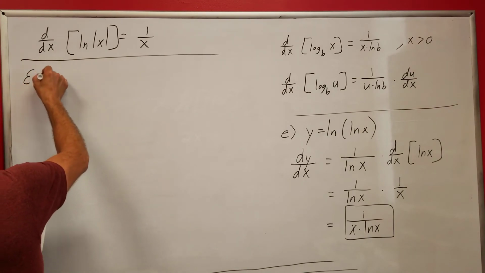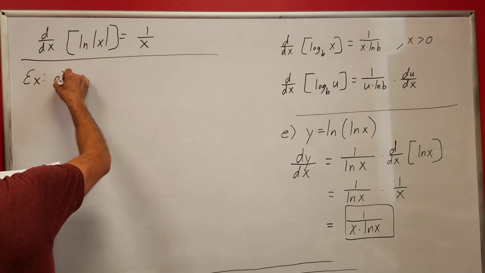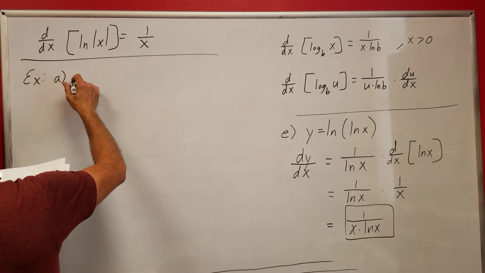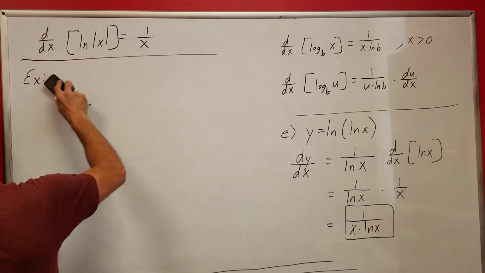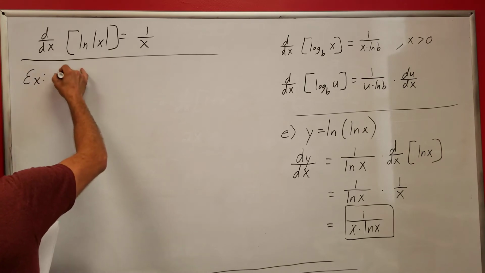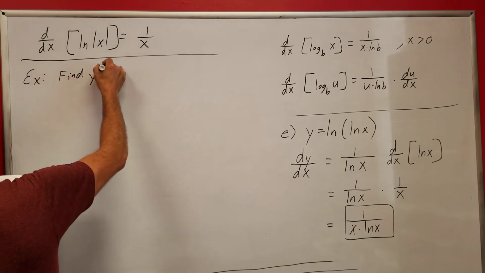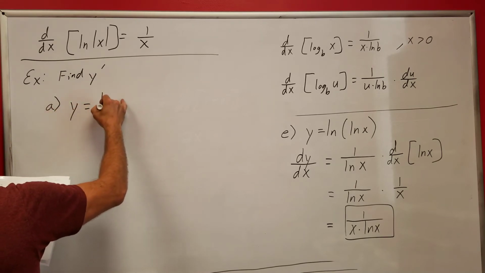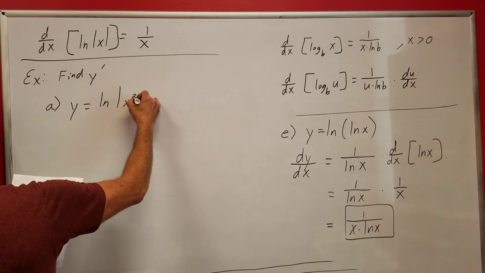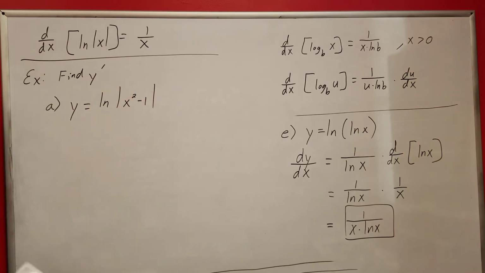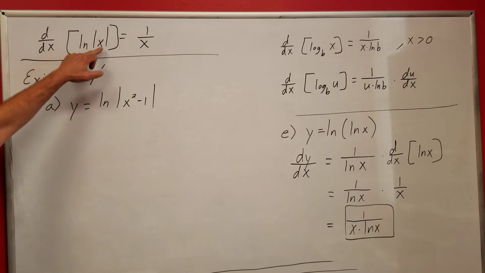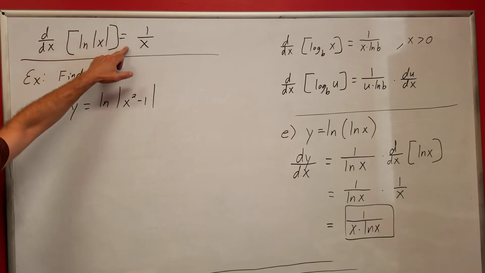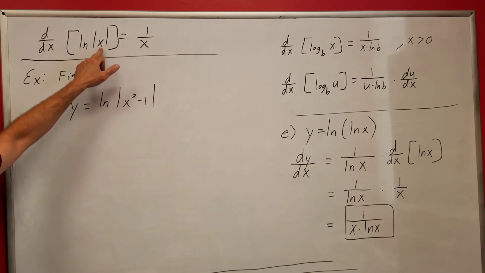All right, let's see. Our example is going to be what? Instead of calling that A, let's say find y prime. And in part A, we're going to have y is equal to the natural log of the absolute value of x squared minus 1. So I'm going to find the derivative of this. Now notice, the derivative of natural log of the absolute value of x is just 1 over x. But that's only the case with x.